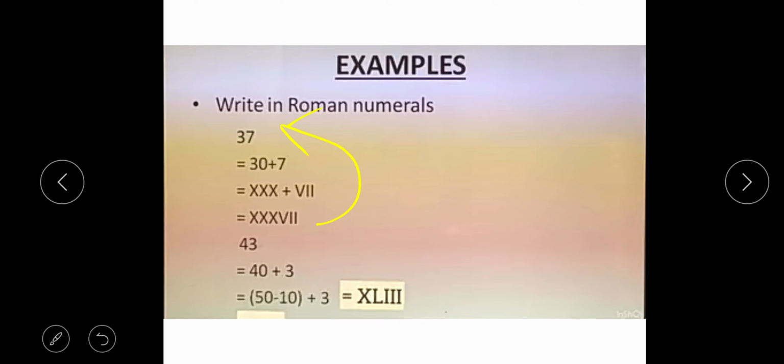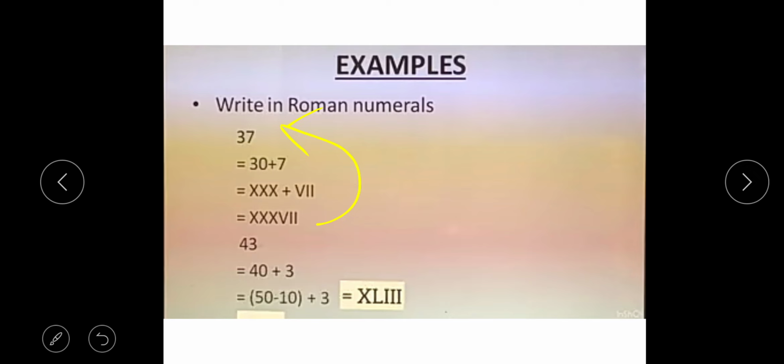Then the next number is 43. How do we write it? 40 plus 3. And how did we write 40? 50 minus 10, because what does 40 mean? 4 times X, but X can only be repeated a maximum of thrice. So that time we convert 40 into 50 minus 10, plus 3. So what does 50 minus 10 mean?